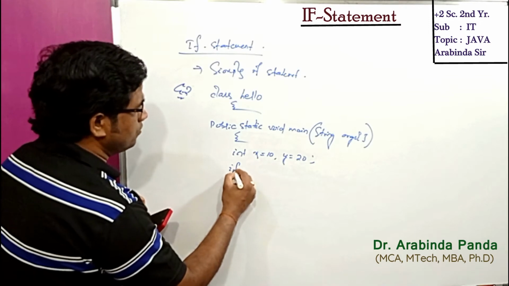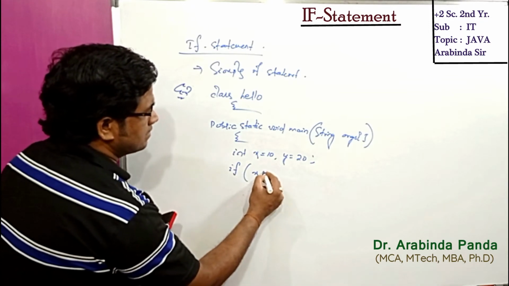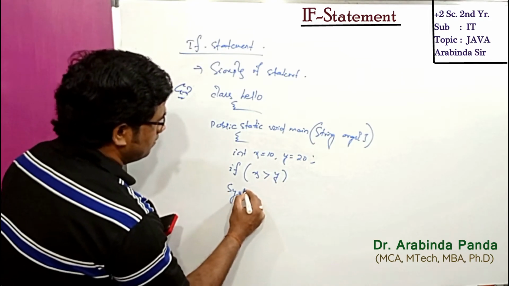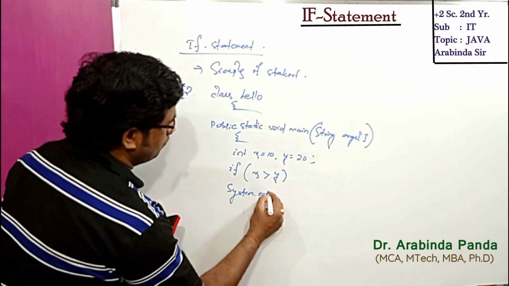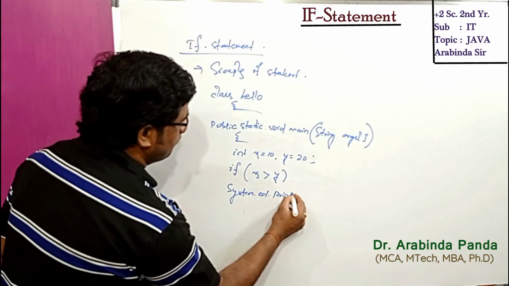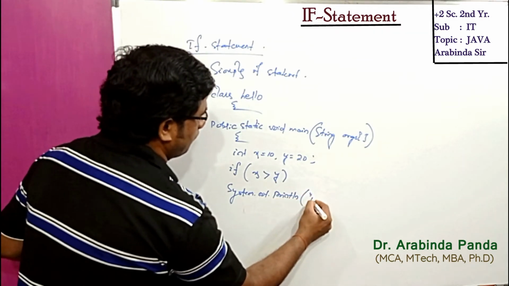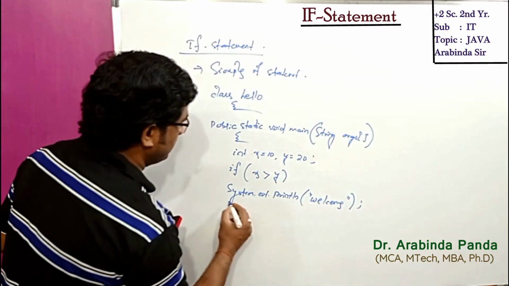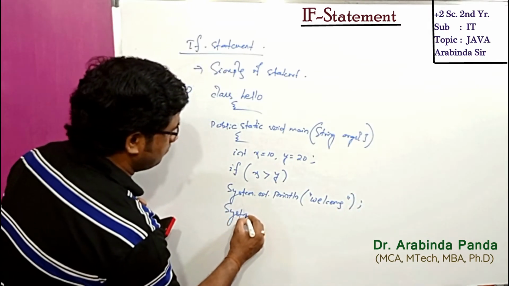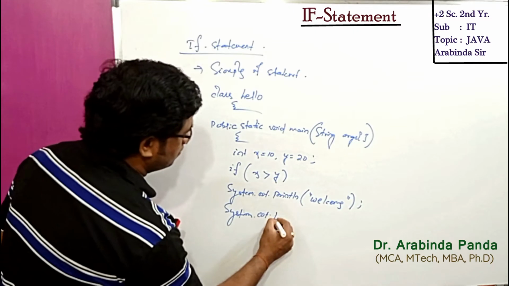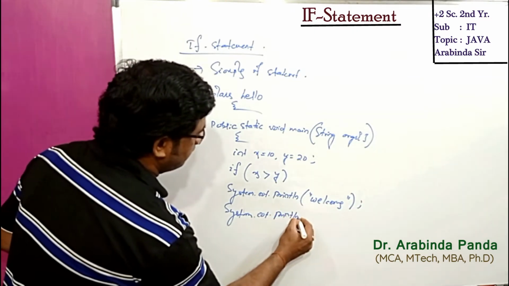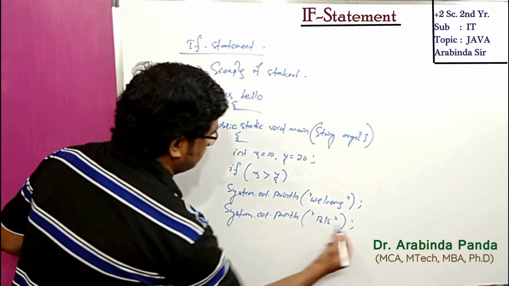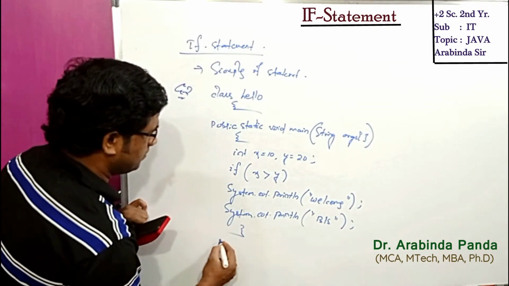So here you can put if x greater than y, System.out.println welcome, right, and System.out.println BLS, right? So curly braces end.